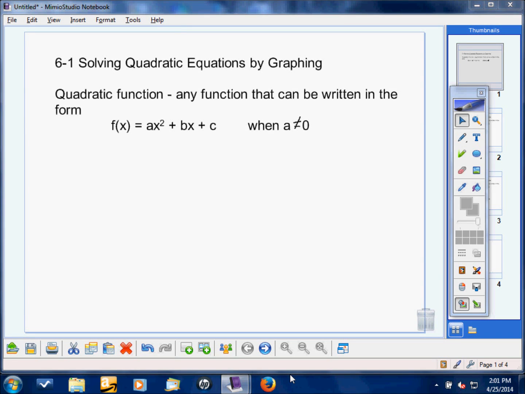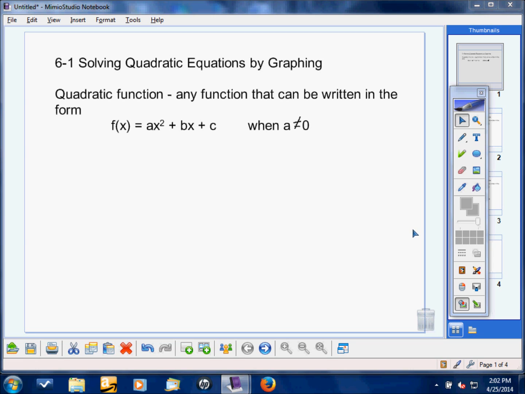So just to reiterate, you have been graphing lines for your whole history of graphing, but we need to look at a brand new type of thing to graph, and it's called a quadratic. Now, when you graph a quadratic, it will turn out to make a U shape. And there's a special name for that U shape. It's called a parabola.